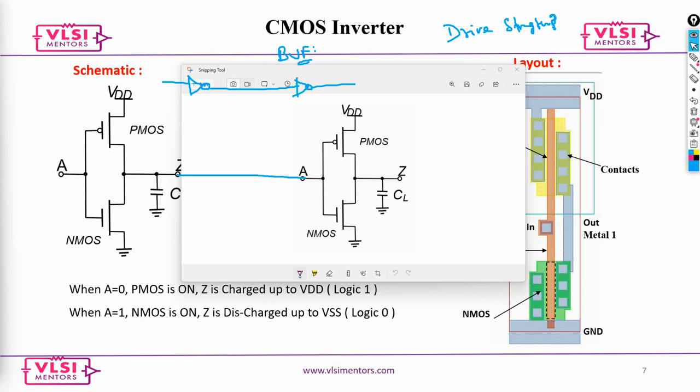So, sir, it would be the total cap it can handle at the output, like the number of gates that can be connected.